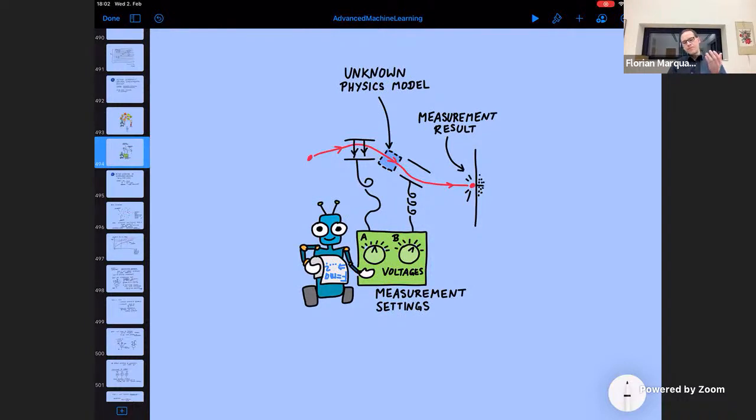It may have much fewer parameters than a typical neural network, but still I want to figure out these parameters, and I can do so by running an experiment. This experiment can be run in many different ways, so there are some measurement settings that I can choose. And I want to choose them in a way that I gain the maximum amount of information really quickly, so that I will quickly learn the unknown parameters of my model. And this is what we want to discuss today.